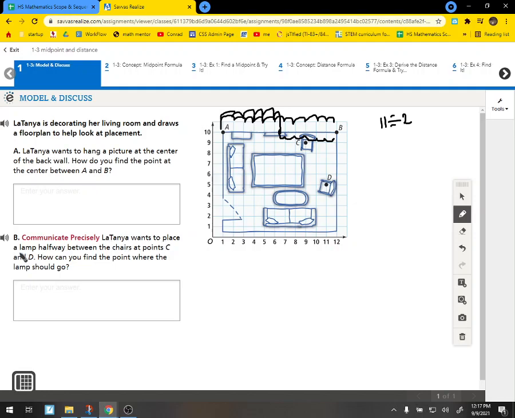So what if she wants to place a lamp halfway between the chairs at points C and D? So here's the chair C, here's the chair D. We're pretending that that is where the chair is, not the whole block. And we want to find the halfway point. So there's a couple of ways we could think about this. We're trying to get from here to here, and we want to get the halfway point.